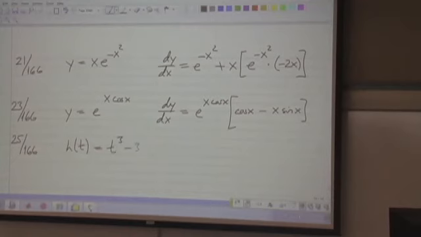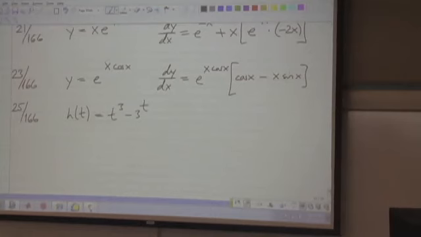t cubed minus 3 to the t. So what is h prime of t? You all know what the derivative of t cubed is, right? 3t squared minus, now what is the derivative of 3 to the t? 3 to the t, ln of 3.